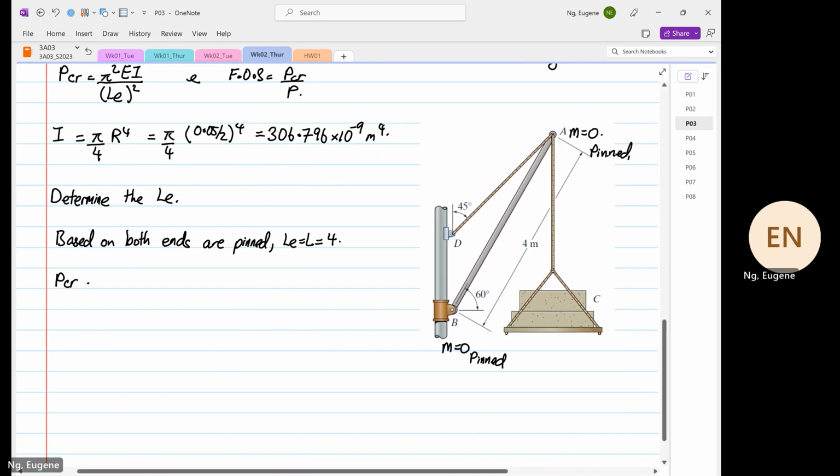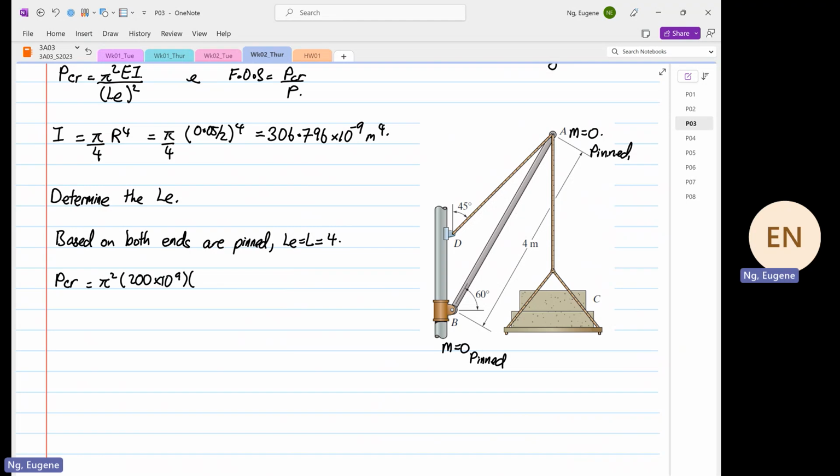Okay. So our critical load is equal to pi squared, Young's modulus is equal to 200 times 10 to the power 9, I is 306.796 times 10 to the power minus 9, and our equivalent length is equal to 4 squared.